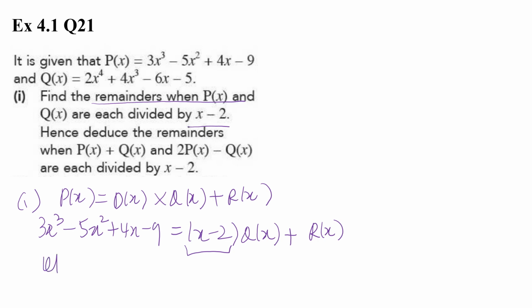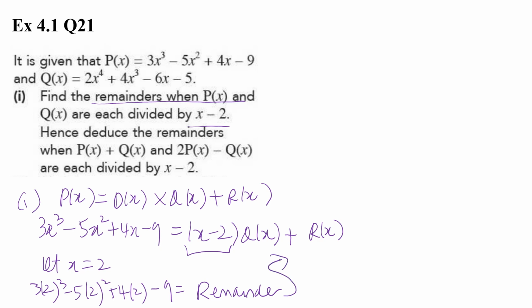So the remainder will be, just use your calculator to work this out: 3 bracket 8 minus 5 bracket 4 plus 4 bracket 2 minus 9, which is 3. So the remainder equals 3.